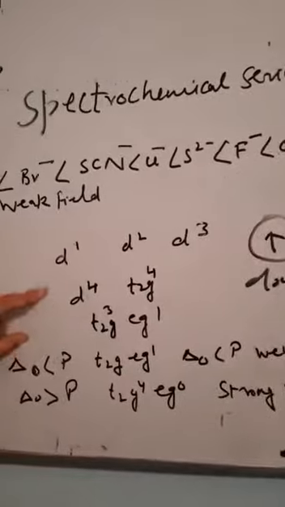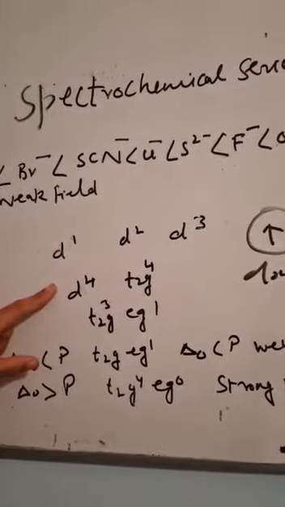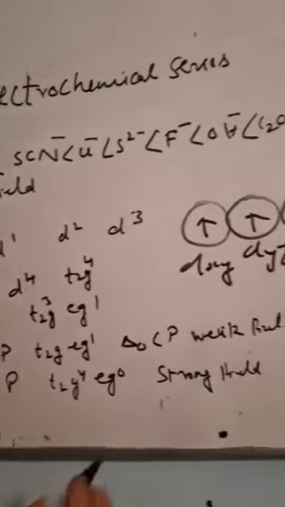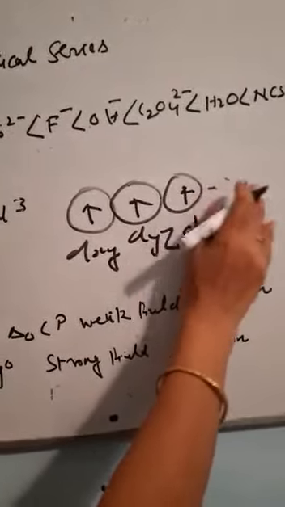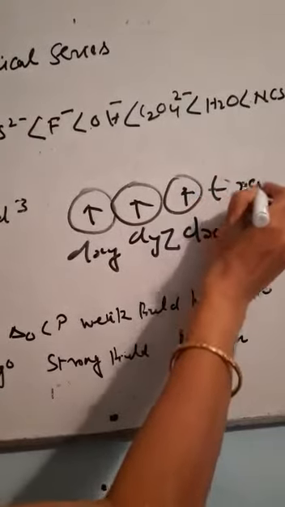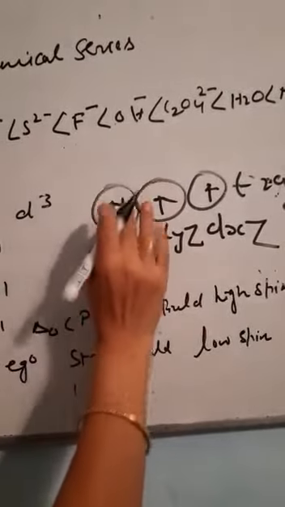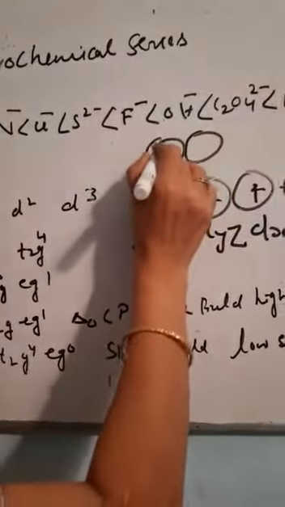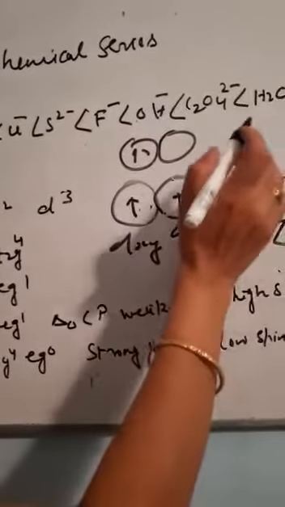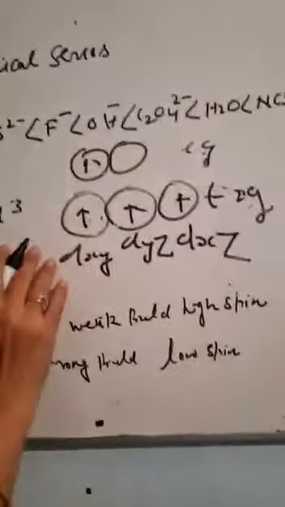Now, for the d4 electrons, there are two options. Either it should occupy the t2g orbitals and do pairing, or it should occupy the eg orbital, t2g orbital and that of an eg orbital.